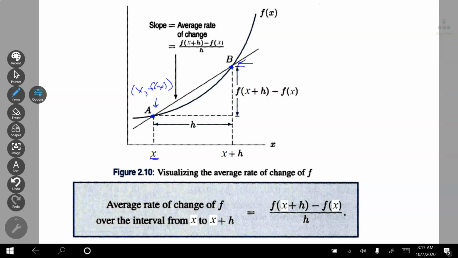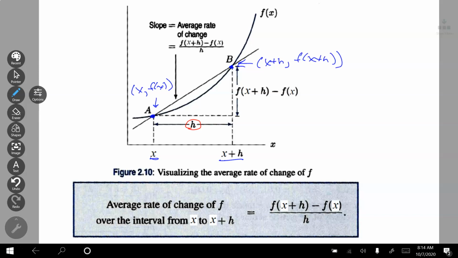And this point here, well now the x value is x plus h, comma, f of x plus h. And we're trying to find the slope between those 2 points. Well, the whole idea is that the distance between each point on the x is h.